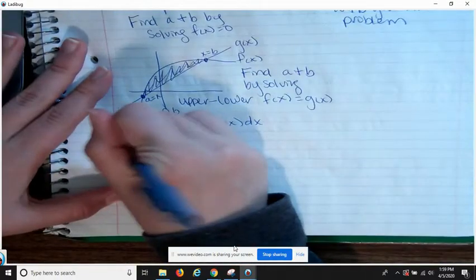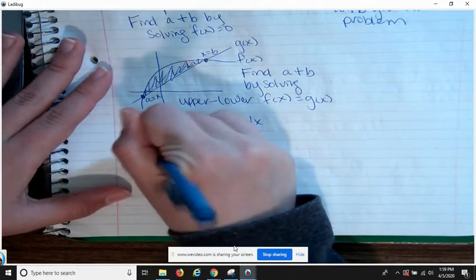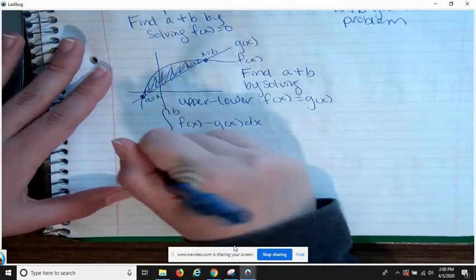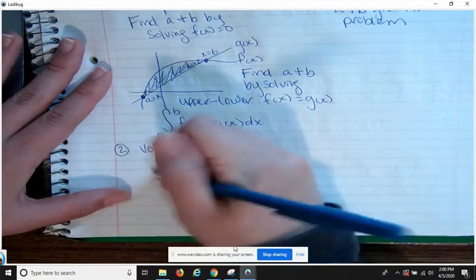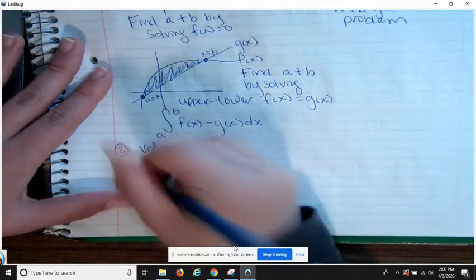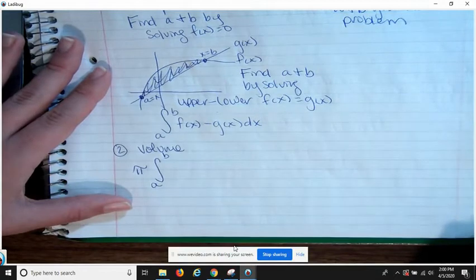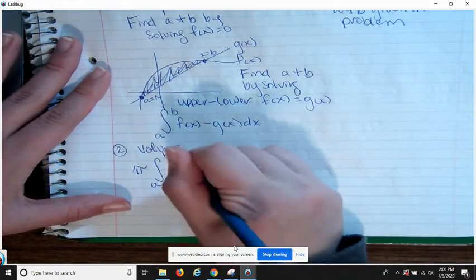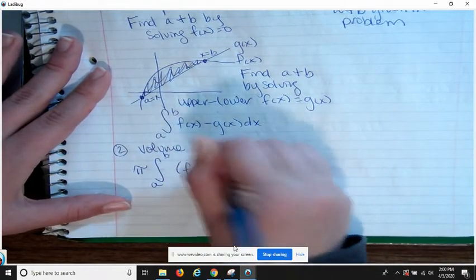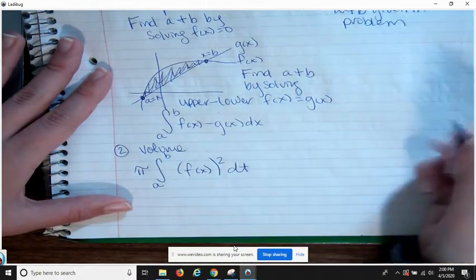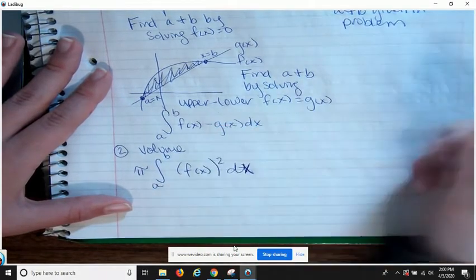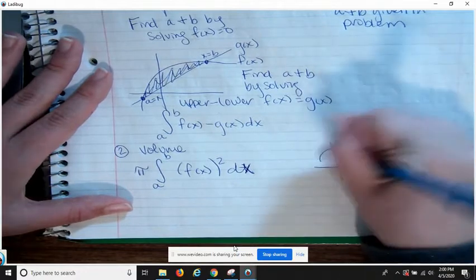So part 2, volume. Remember that volume goes from a to b, and we have pi times our f of x squared with respect to x. Oops, that's supposed to be an x, sorry. And this is because maybe we have our function f of x like this.